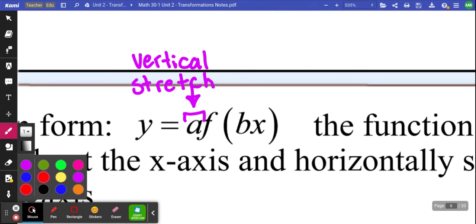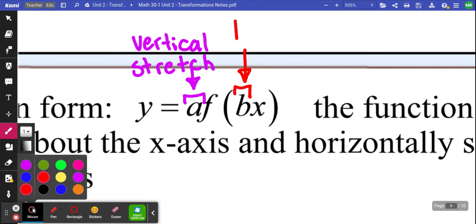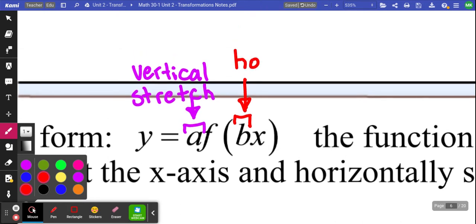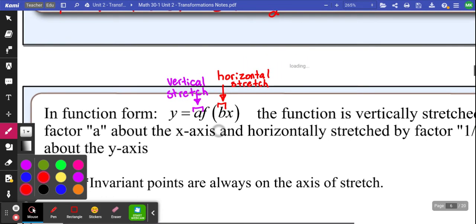The b represents your horizontal stretch. So I got a, my vertical stretch. I got b, my horizontal stretch. Perfect. Proper terminology.